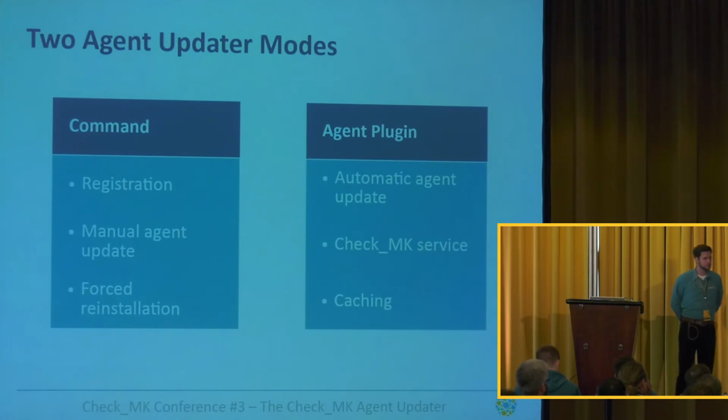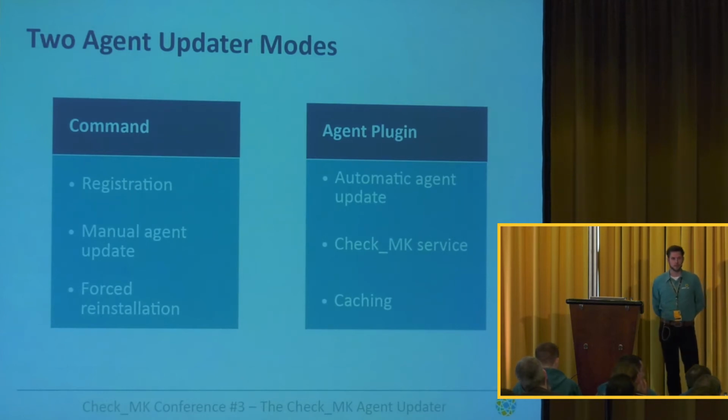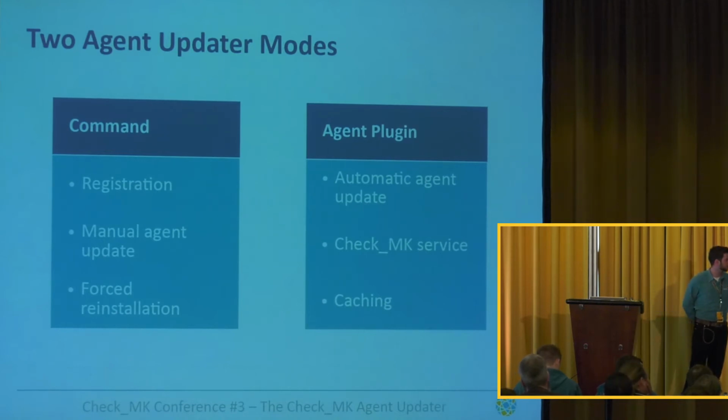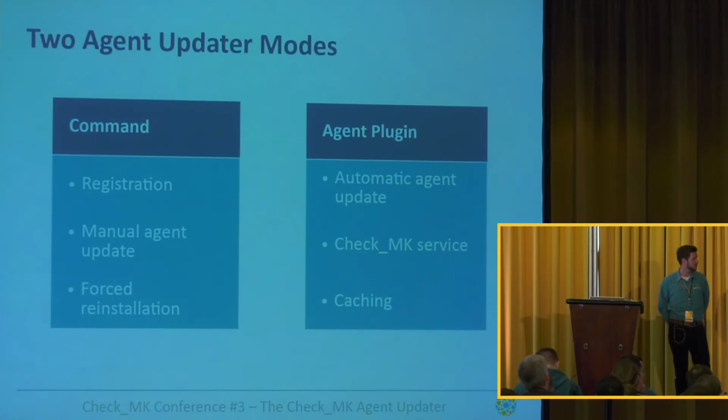And of course, we have to do that once in order to register the updater on the server. And we can also access it and manually update it. So if we're not patient enough and we say, okay, it's cached for a long time, it's not going to be accessed from the server instance, so I would like to update it now, then you can do it manually as well.